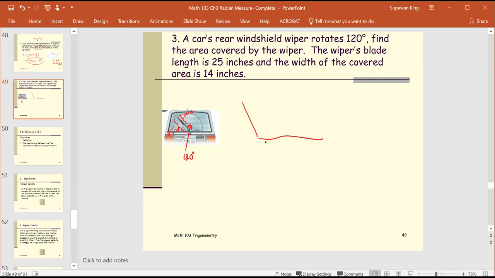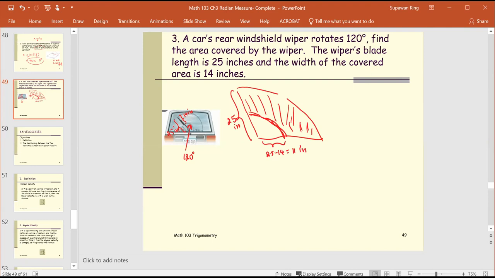The area covered by the blade would be the difference of the larger sector and the smaller sector. For the larger one, the radius is 25. For the smaller one, the radius is 25 minus 14, which is 11 inches.